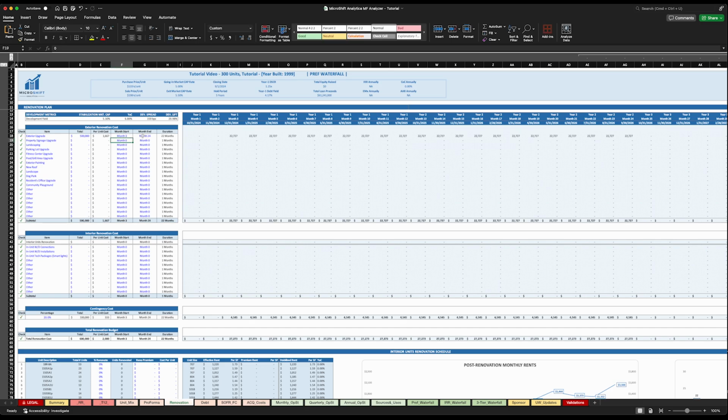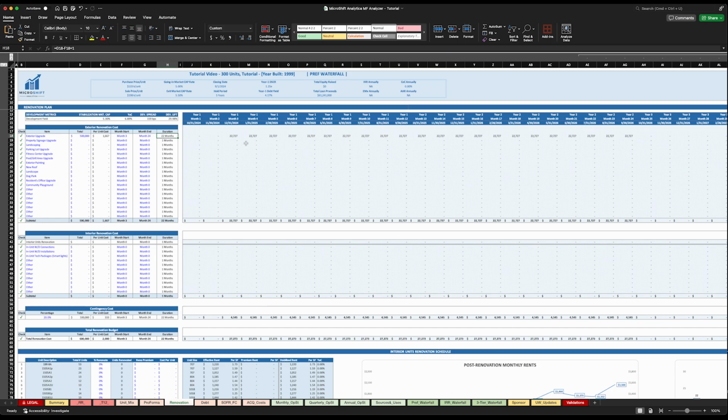When you put in the renovation period, the analyzer is automatically going to evenly distribute that renovation budget over your renovation period. So that's $500,000 divided by 22. So it's going to divide that renovation budget evenly over the renovation period.